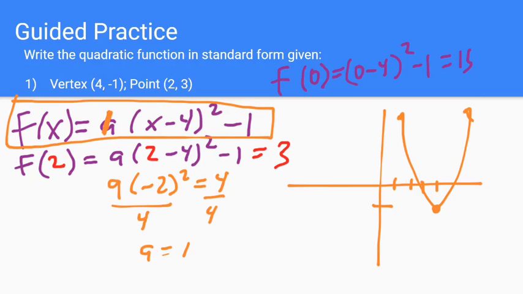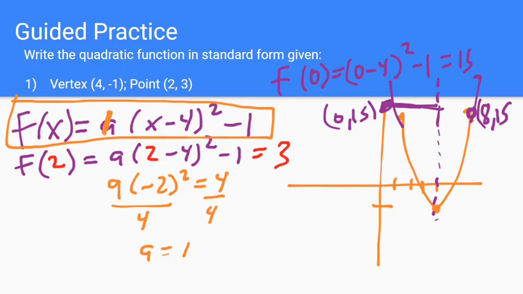So this would have, I know it's not really drawn that great, but it would have a y-intercept of (0, 15), which means it would have another point at (8, 15), because this parabola is symmetric over this line. So if there's a point 4 to the right at (0, 15), there's going to be 4 to the left of the axis of symmetry, (8, 15). I mixed up my left and right there, but that's okay.